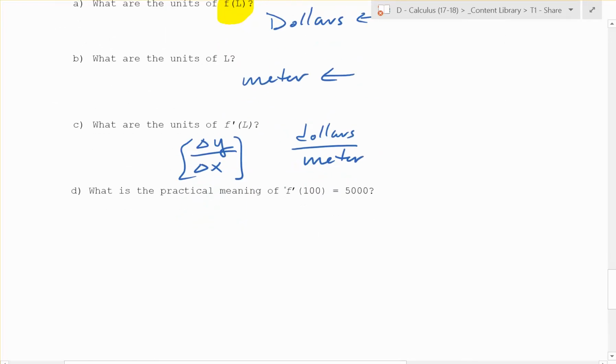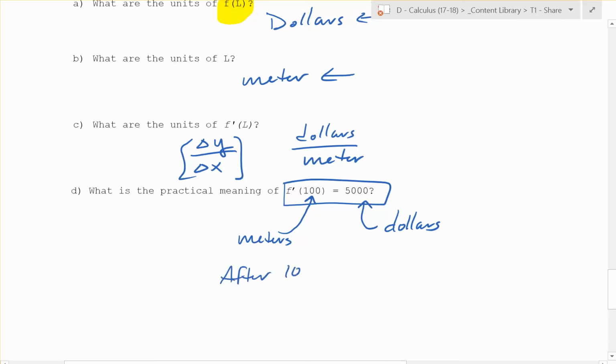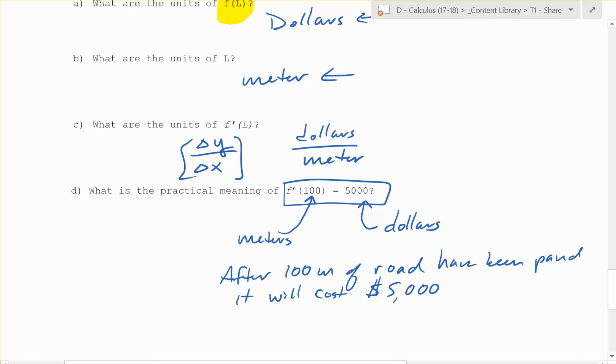So what is the practical meaning of f prime of 100 equals 5,000? Well, we know that the input right there is meters and the output is dollars. Remember how we plugged in 3 before and it was like after 3 seconds? So this is after 100 meters of road have been paved, it will cost $5,000 for an additional meter.